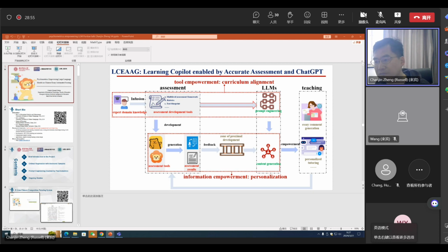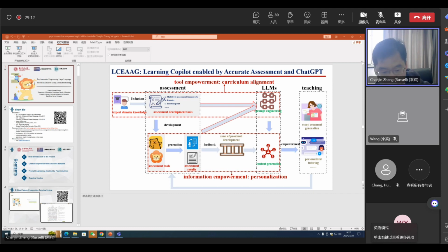So how can we do this? With the assessment framework, we can also further enhance the prompt with the individual student's results. For example, this particular student's results for this essay are like this.